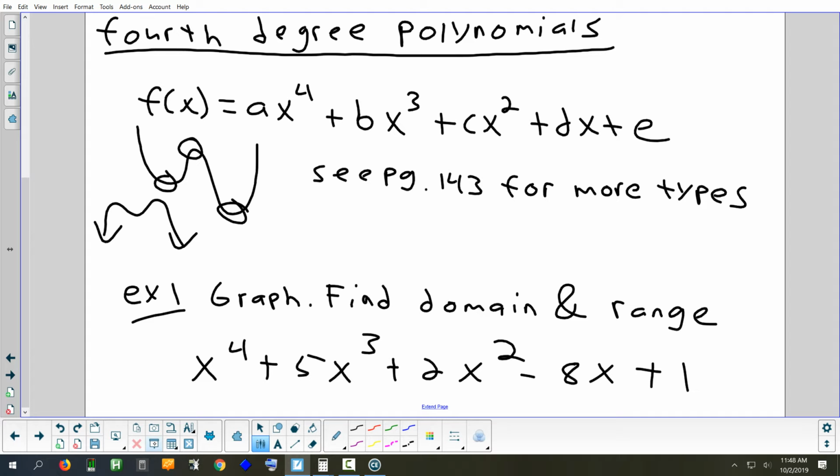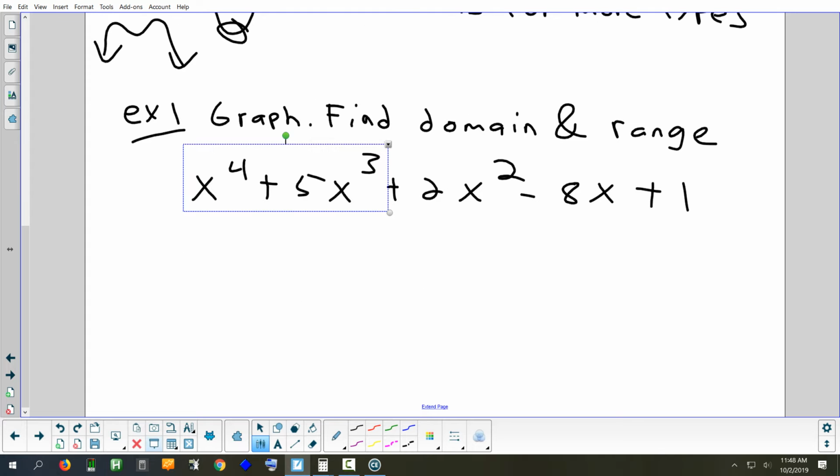All real numbers. You can take any number you want, raise it to the 4th power. You're never dividing by 0 when you raise to the 4th power, and you're not taking the square root of a negative. Same thing with cubing. Cubing a number is not dividing by 0, and it's not square root of a negative. It's cubing. It's not either one of those things. So domain is all reals.